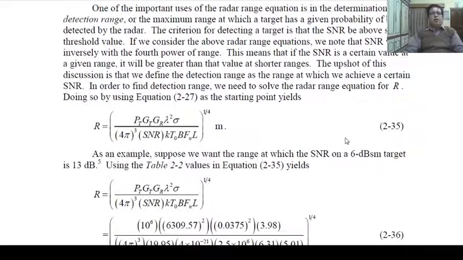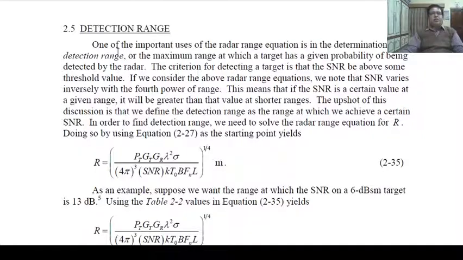Detection range. One of the most important uses of the radar range equation is in determining detection range, or the maximum range at which a target has a given probability of being detected by the radar. The criterion for detecting a target is that SNR be above some threshold value.